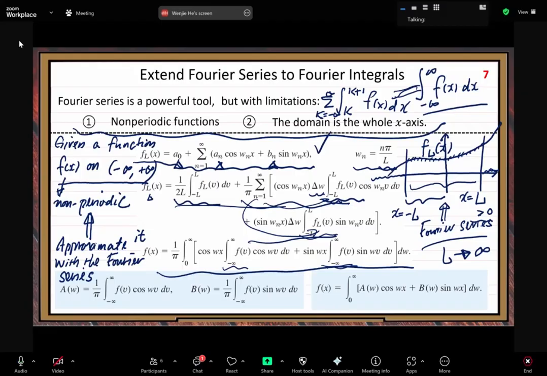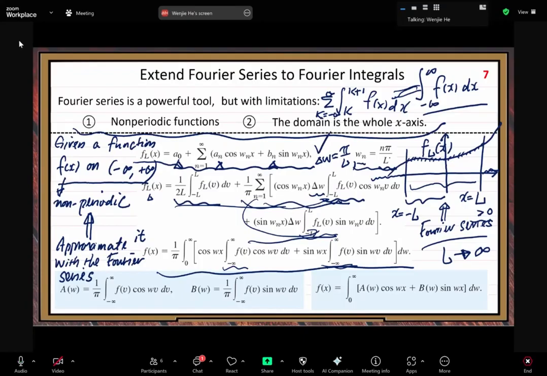Delta W is just pi over L, the small unit pi over L. So each W is just a multiple of this delta W, n multiple of this delta W.